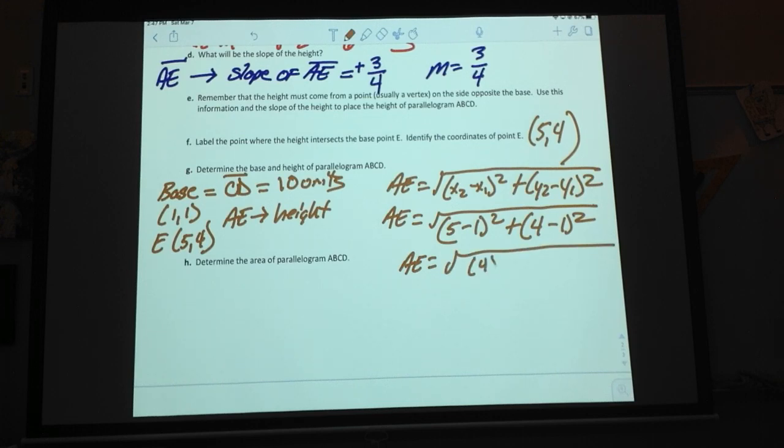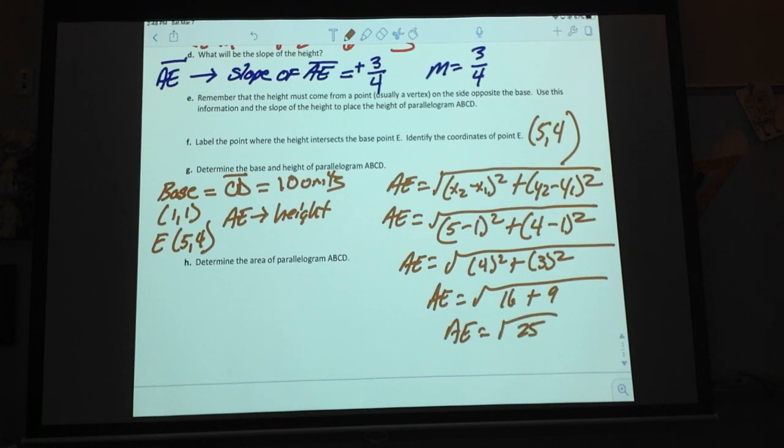This becomes 4 squared plus 3 squared. AE equals 16 plus 9. Oh, this is going to come out nice. 16 plus 9 is 25. Square root of 25 is 5. Yay, that's nice. Nice even numbers, no radicals. You guys should be ecstatic.